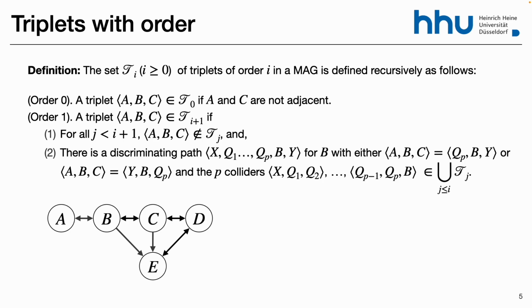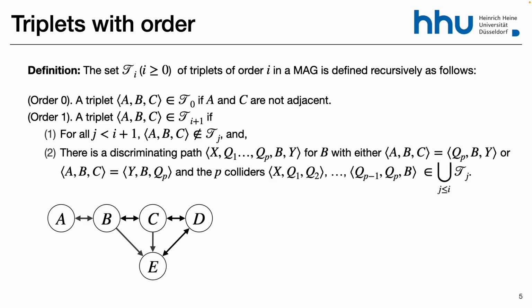I know that there is this formation here, so BCE can only be a non-collider, because when I condition on B, I have a path that's open, and you know that this direction here is blocked.